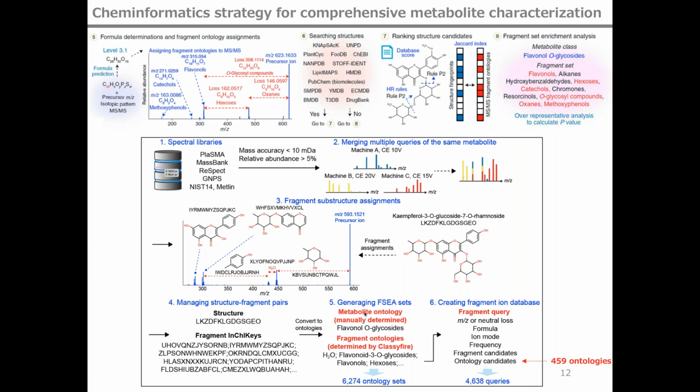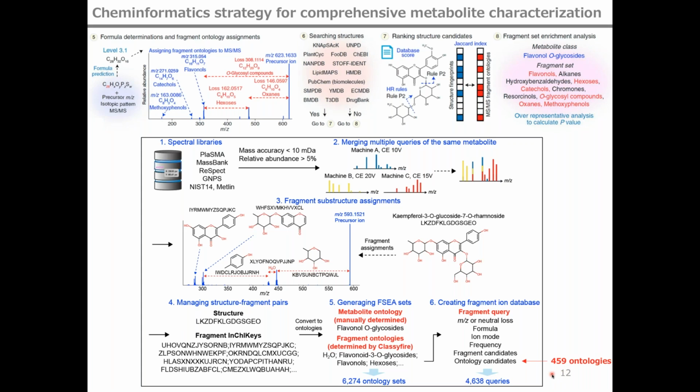So that's why I manually determined the ontology in this study. I'd like to say that the MS classifier is a great tool to improve the metabolite annotation in our studies. Importantly, our fragment database currently contains around 4,000 queries, in which a total of 459 ontology species are included as fragment ontologies.